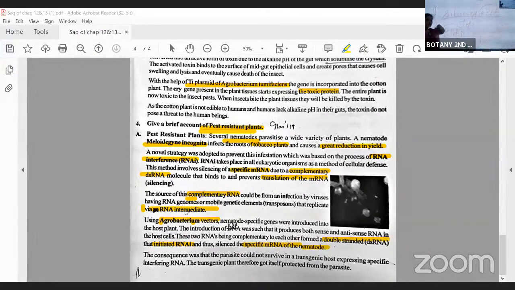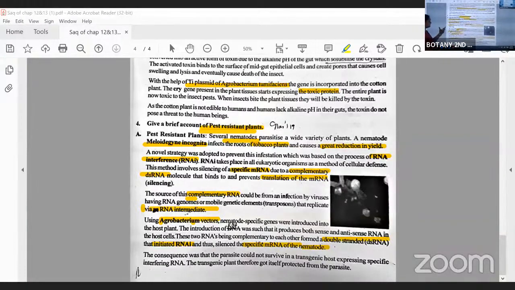If you don't know the word complementary, then you can use the phrase "the other strand of the RNA", so that it will stop the translation process of the infectious agent's RNA. That is silencing the mRNA of the nematode, so that the yield can be increased and maintained, and the resistance capacity can be increased for the host plant.